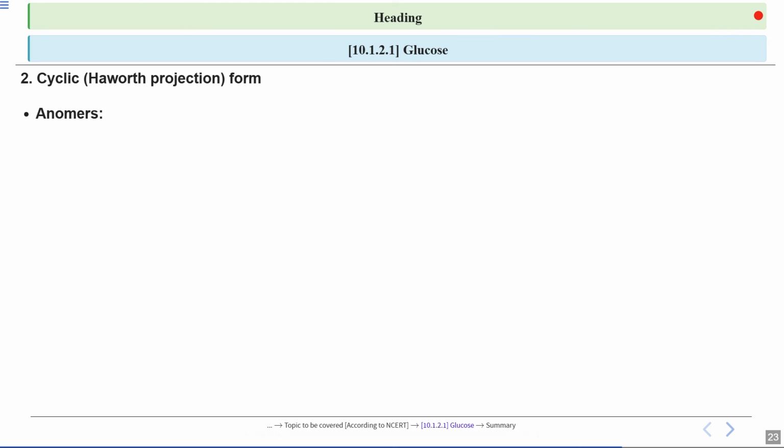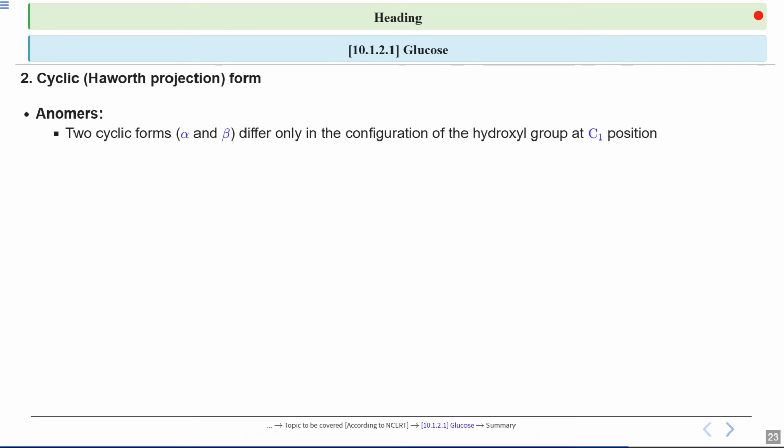Now moving on further, we will talk about a special type of isomers called anomers. The two cyclic forms, alpha and beta, differ only in the position of the hydroxyl group at the first carbon atom, which we call C1. In the alpha form, the OH group points down, while in the beta form, it points up.